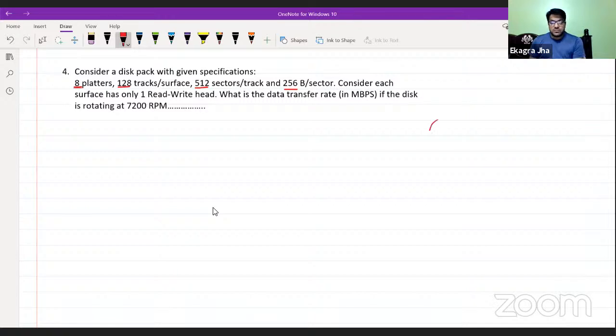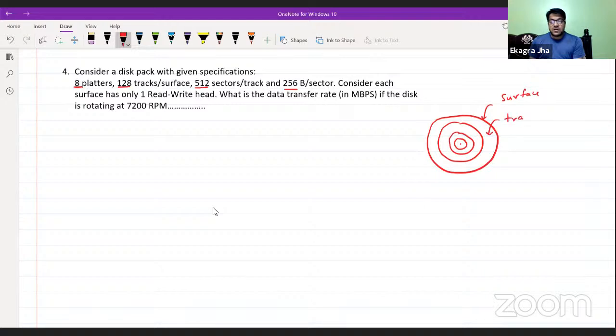So to have this understanding, I'm using a disk view, the top view of the disk, so that you can understand what is going on here. This is one surface, and these are the tracks over here, and these tracks are divided into a number of sectors.